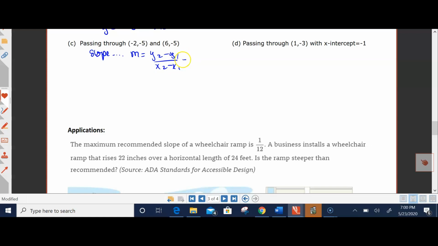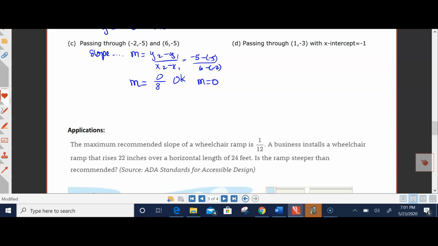Okay, so let's figure out the slope for this thing. -5 minus a -5 all over 6 minus a -2. So what does the slope come up to be? I think I see a 0 in the numerator and an 8 in the denominator. And remember, it is okay to have 0 in the numerator. So really, we have a slope equals 0.